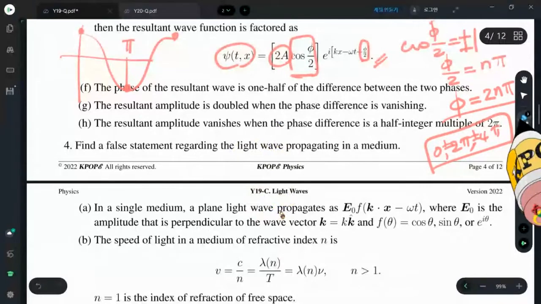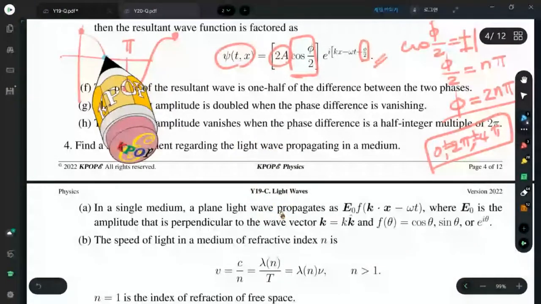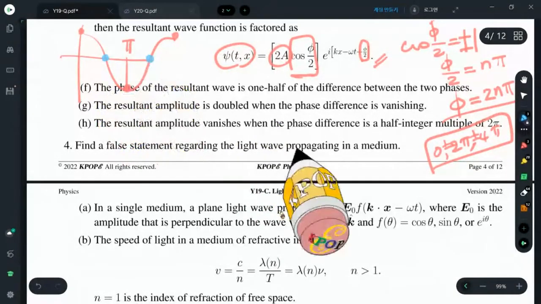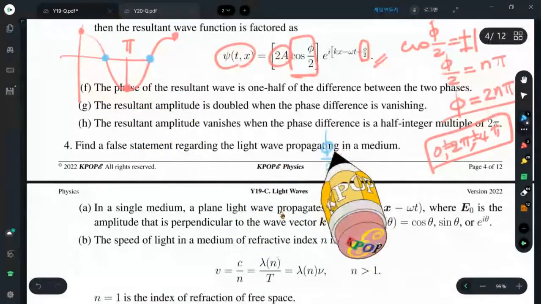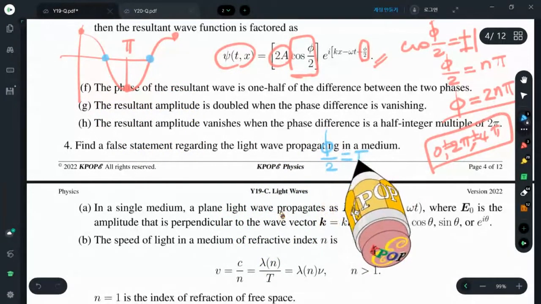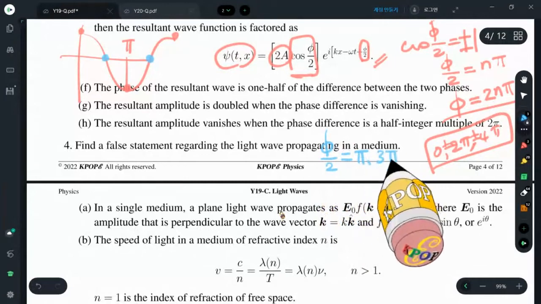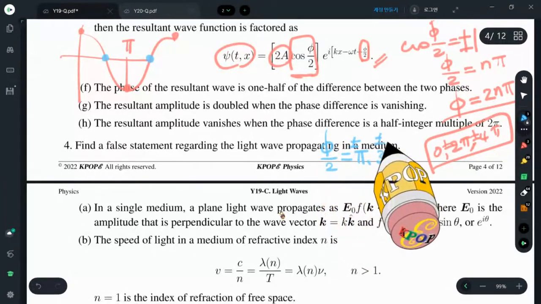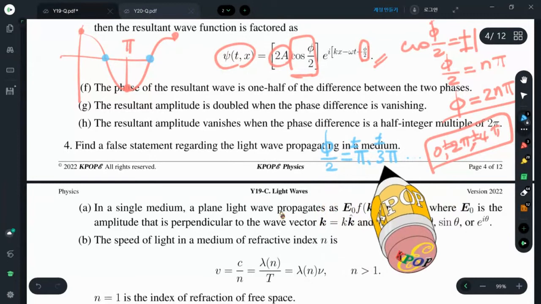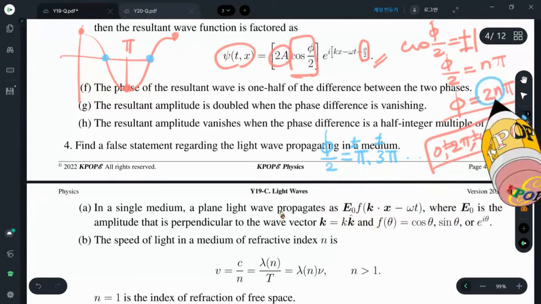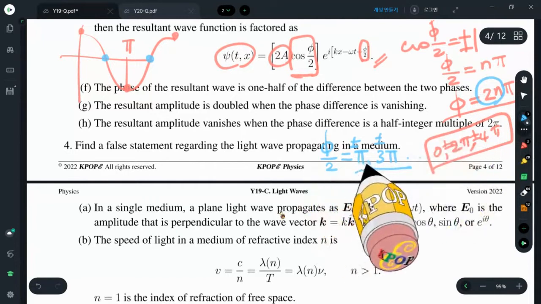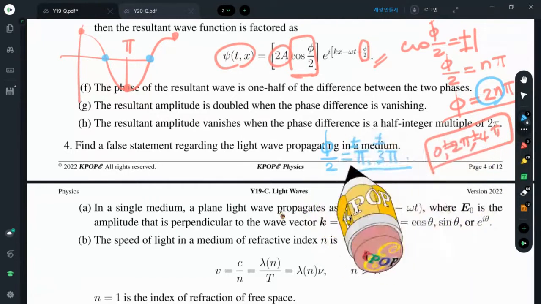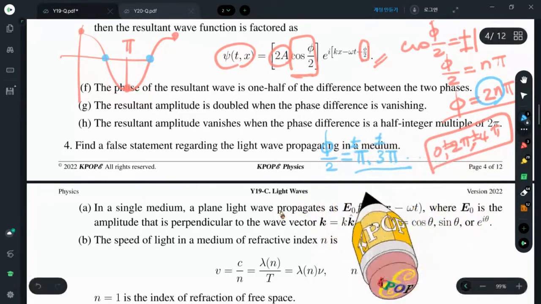It is possible to have exact cancellation. That appears when half of phi equals pi over 2, 3 pi over 2, plus or minus, and so on. So these are even multiples of pi, and these are odd multiples of pi.